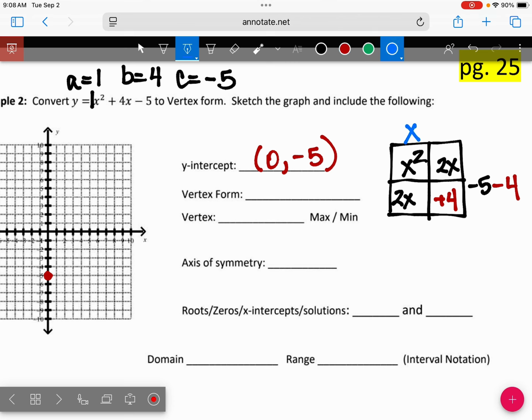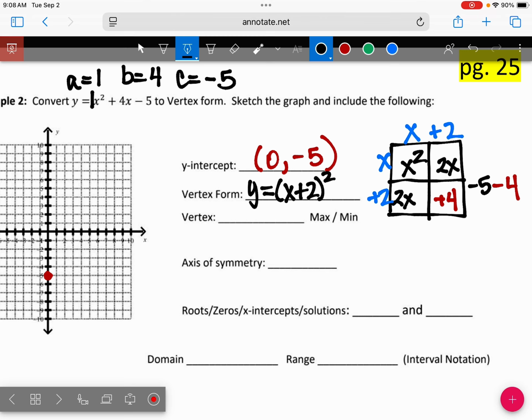So what this factors down to is (x + 2)(x + 2), which is the same as (x + 2) squared. And then negative 5 minus 4. What is negative 5 minus 4? Positive or negative?